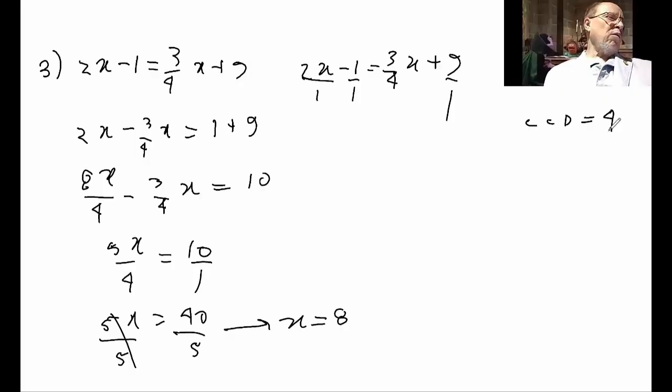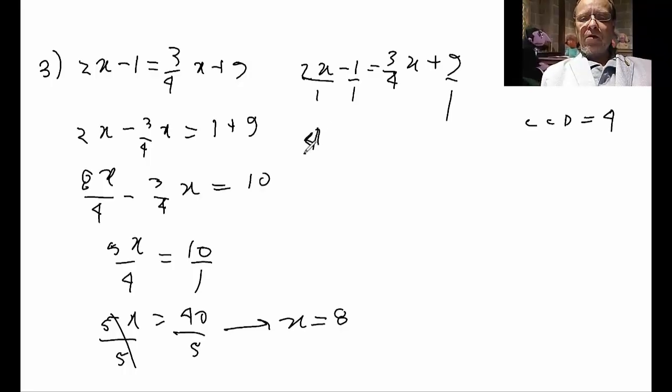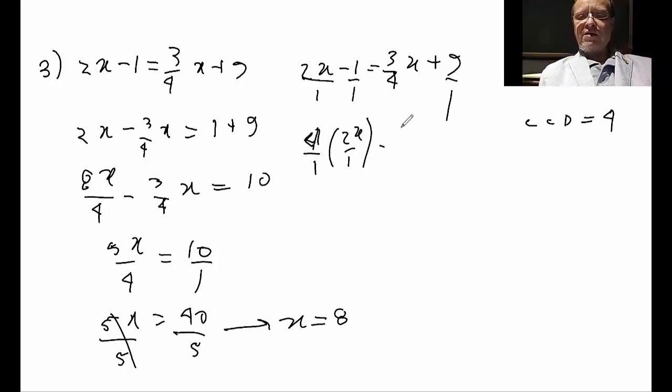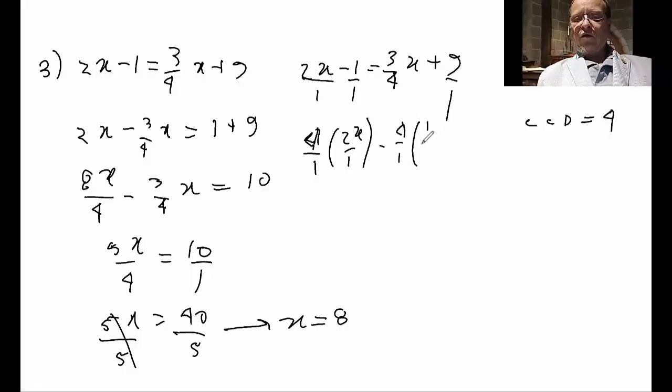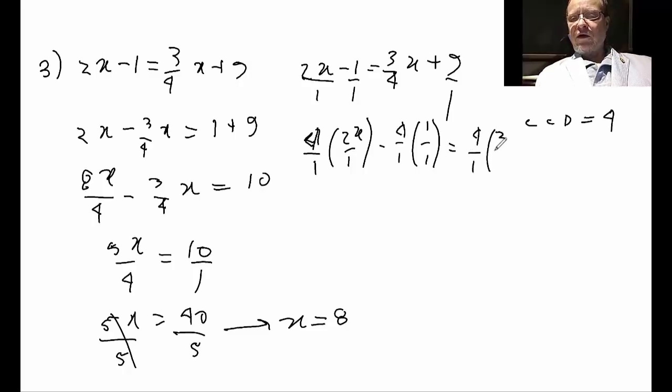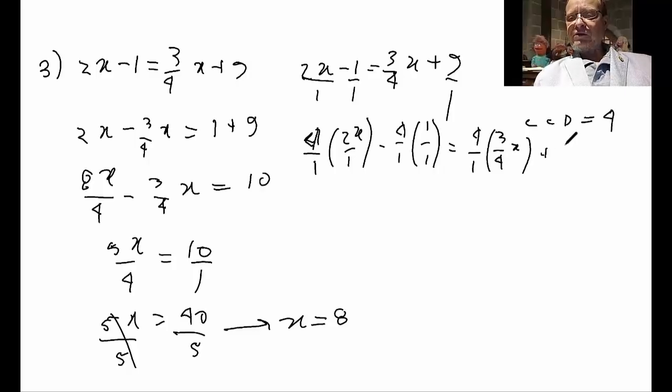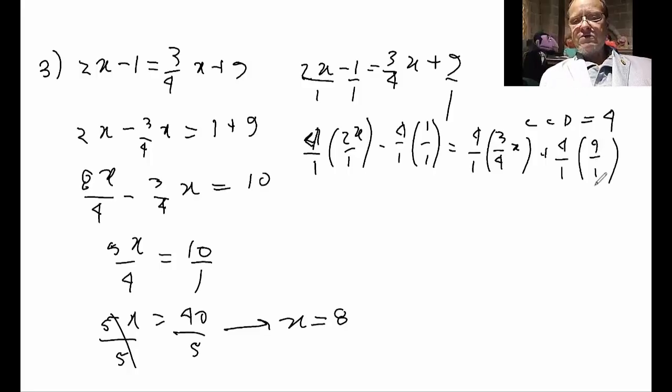So now I will multiply through everything by 4 over 1. So I have 4 over 1 times 2x over 1, minus 4 over 1 times 1 over 1, is equal to 4 over 1 times 3 over 4x, and then plus 4 over 1 times 9 over 1.